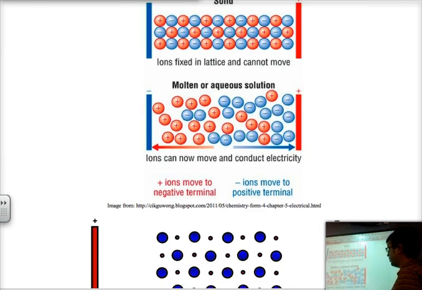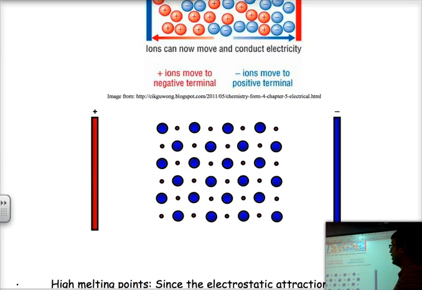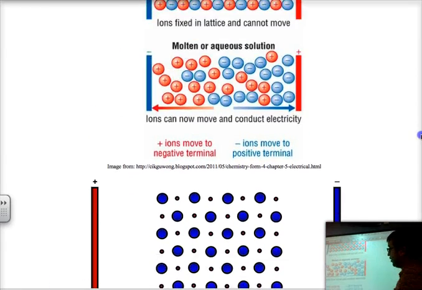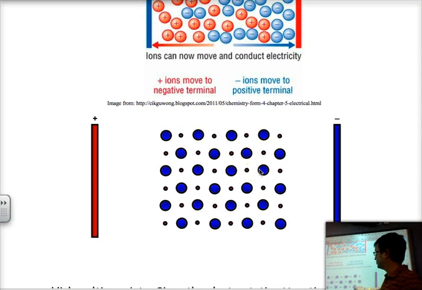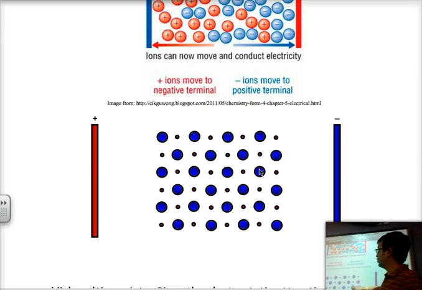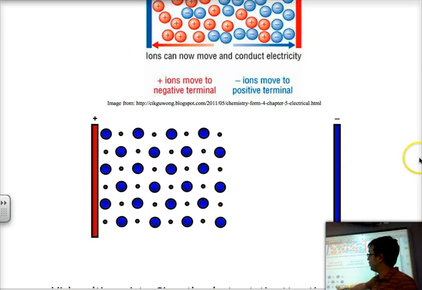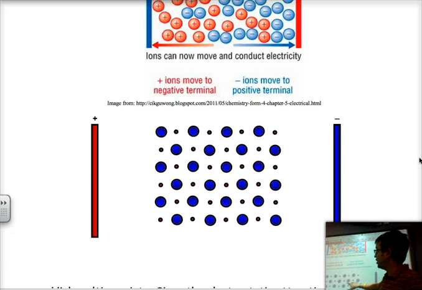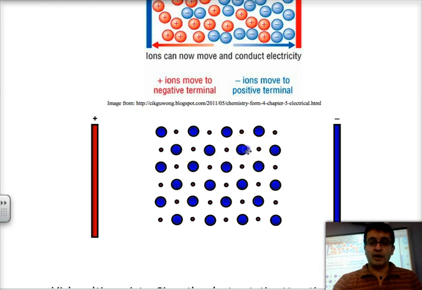To give you a little bit more of an idea, we have it in the images here, but I want to show you. In the solid phase, your ions are not going to move in one direction or the other, because we have both positive and negative that are together there.